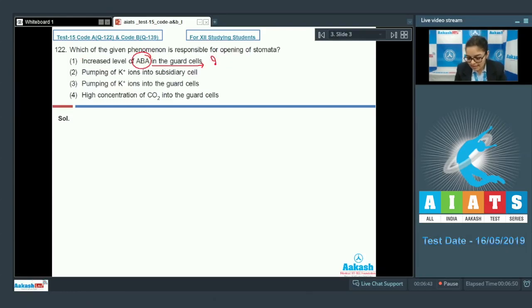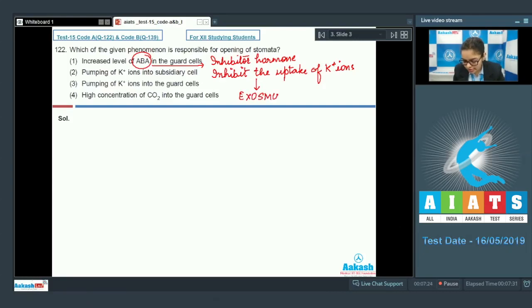So bache, this abscisic acid is also known as the inhibitor hormone. It functions in the presence of carbon dioxide, right? So what it does, it basically inhibits the uptake of potassium ions. So if there is no uptake of potassium ions, then the osmotic concentration will decrease, and that will result in exosmosis.